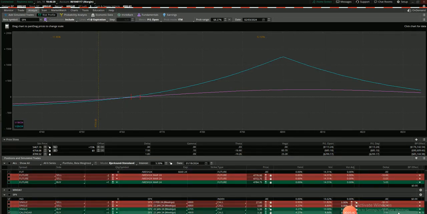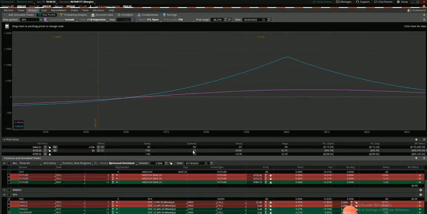If we do make the move up in a couple of days, this is when this one will take effect. This one has some positive deltas here. Gamma's not too bad. It's just a 0.1 on the gamma.